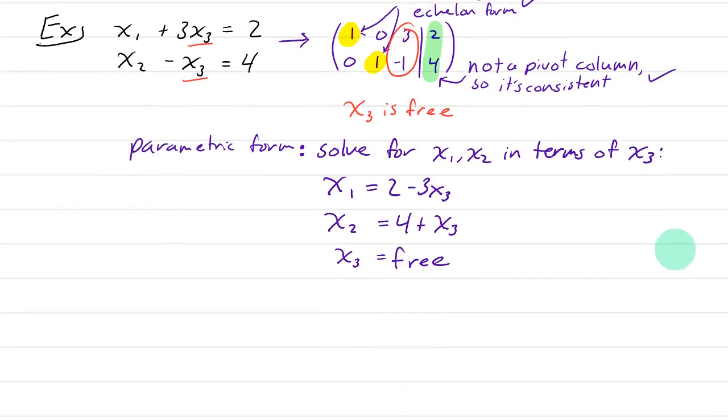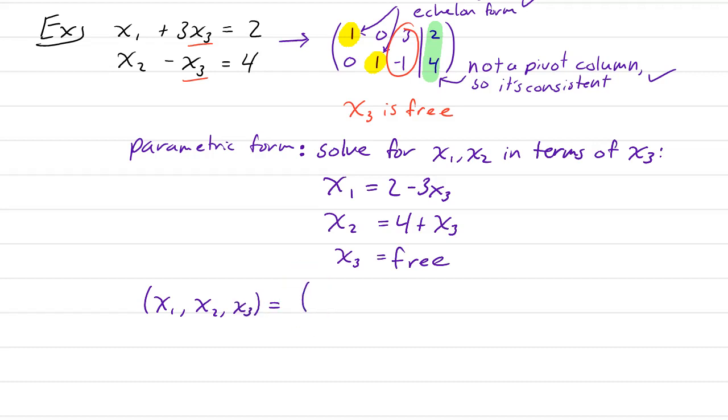But the actual parametric form means we're writing the solution set where we have a formula for x1 and x2 written in terms of x3, and we write that in the form of the points we're talking about.